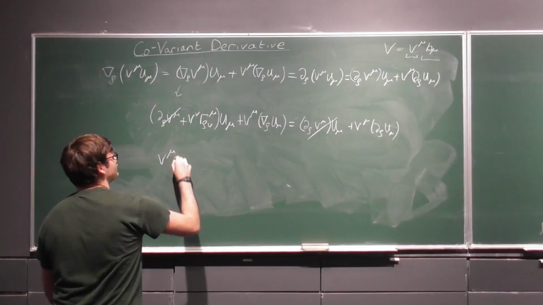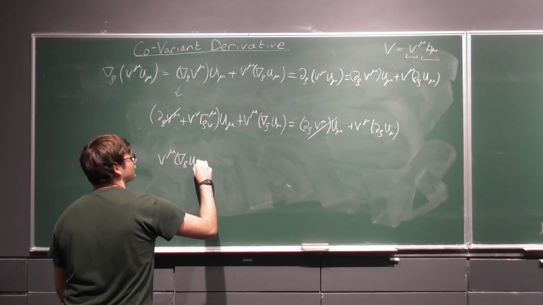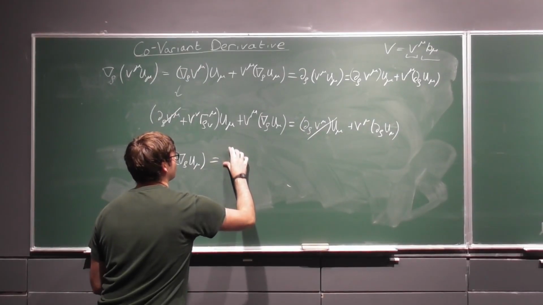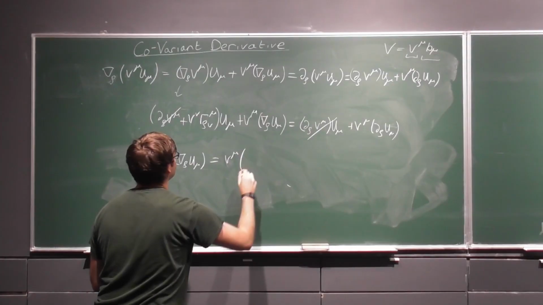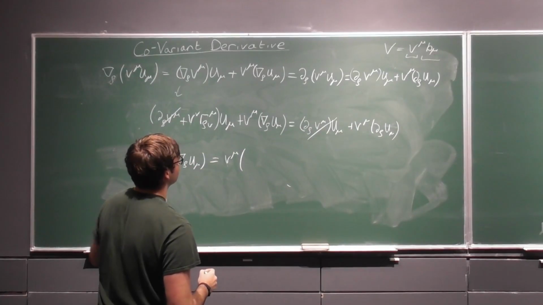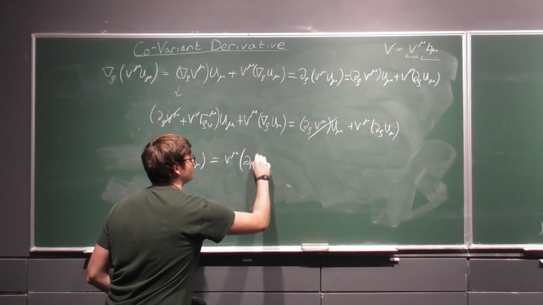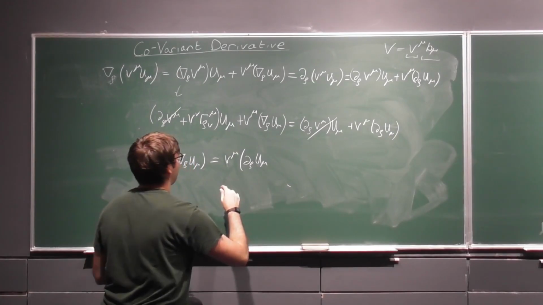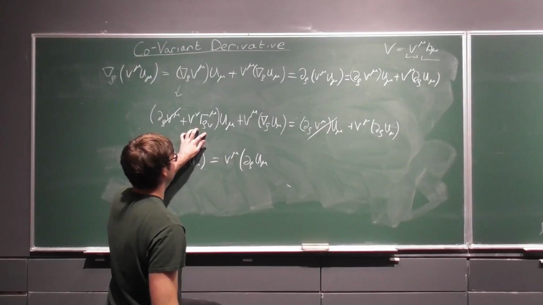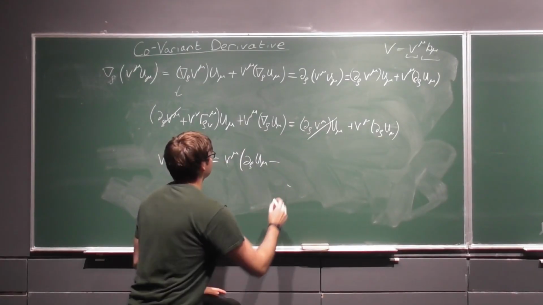So then we get that v mu nabla rho u mu is equal to this term, v mu. And if we have a v mu here as well, which is good, we can factor them out. So nabla rho u mu. We can relabel the nus and mus in this one as well. But when we move it over, it's going to pick up a minus sign.